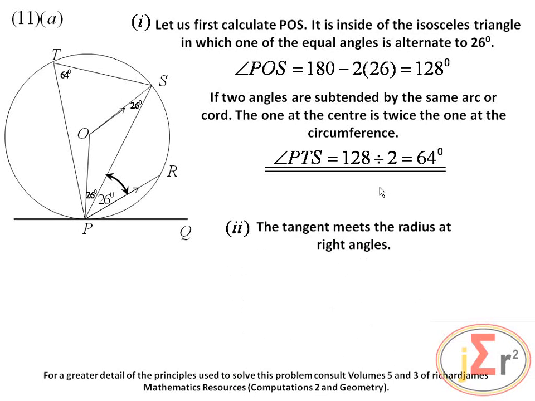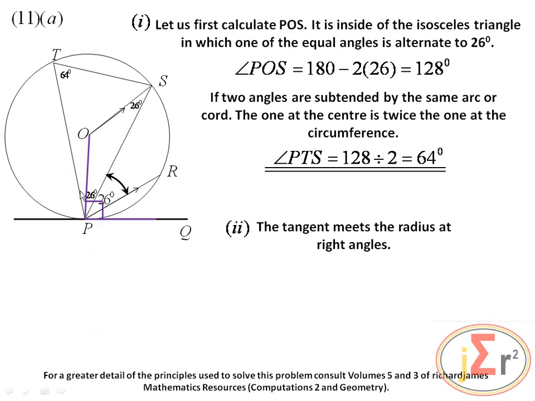We need to find RPQ. So how do we do that? We are going to use as one of the premises of our argument that the tangent meets the radius at a right angle. There we have the radius going from the center to the circumference, and of course we have a tangent right there.